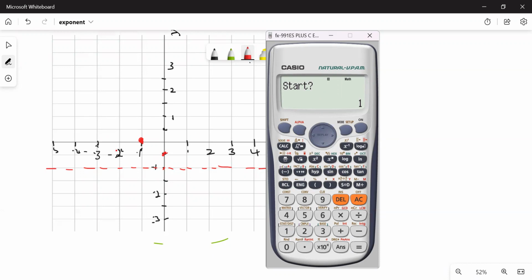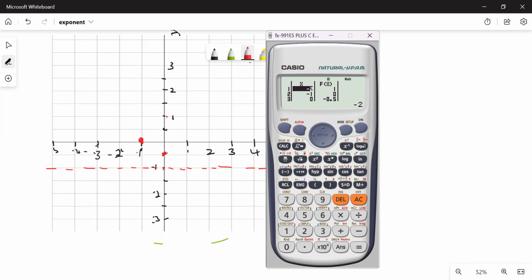Where do we want to start? We can just start at minus 2. Where do we want to end? We can end at 1 or 2. Let's end at 1.